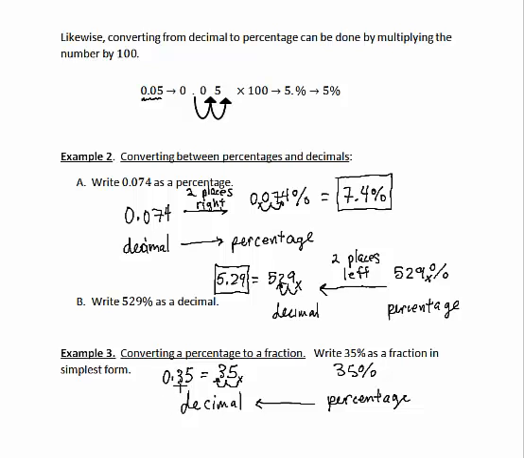Now that I have a decimal, it should be easier to see what the last place value in this number is. Well, I'm going 2 places to the right from the decimal point. I have a tenths, and then I have a hundredths.